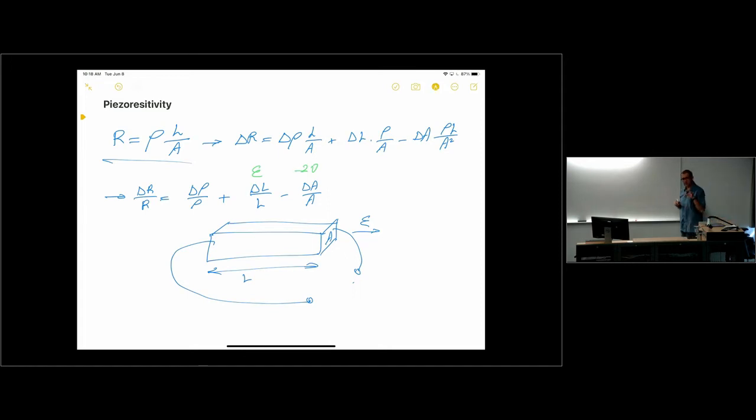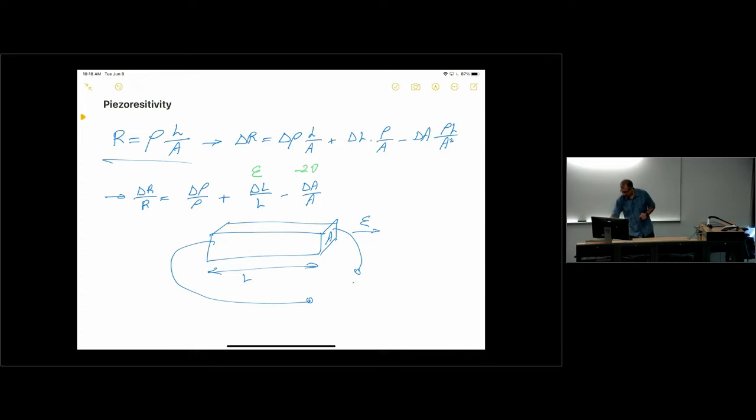The reason for the negative sign is that when L becomes longer, the cross-section reduces, right? It's just an approximation. You ignore the higher order terms here.